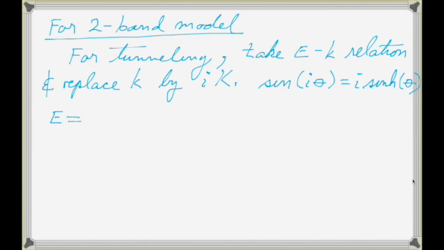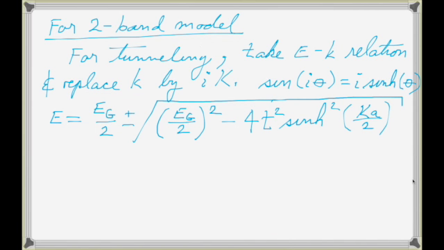So below the top of the barrier, you now have E is equal to Eg over 2 plus or minus square root. So this is in the band gap. Right? In the band gap of our 2D material, of our two-band model, quantity Eg over 2 squared.